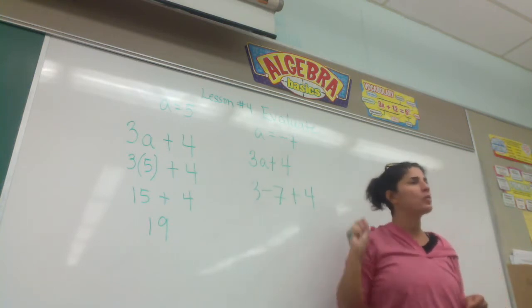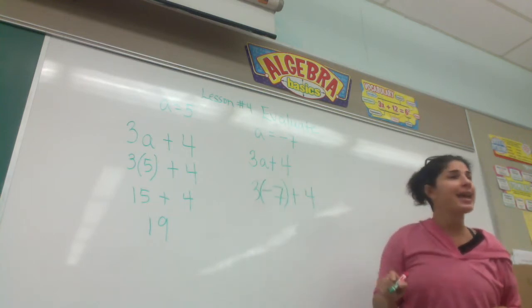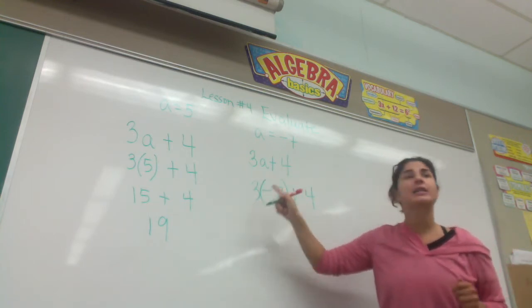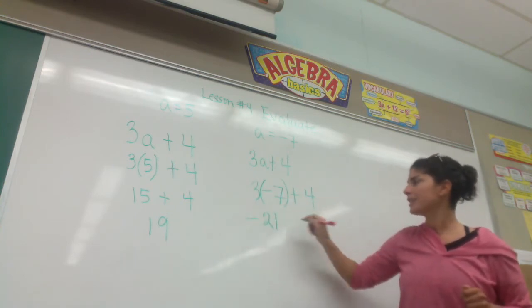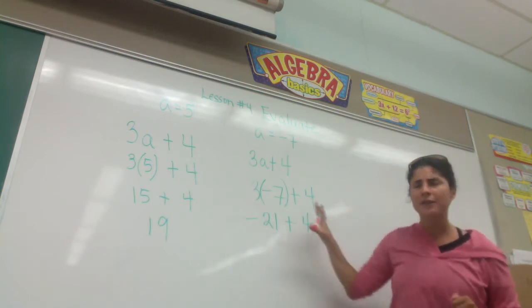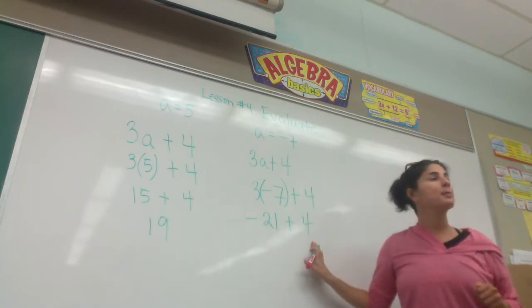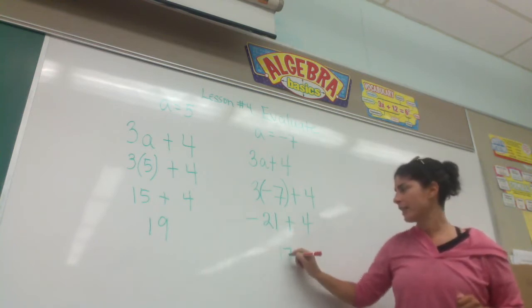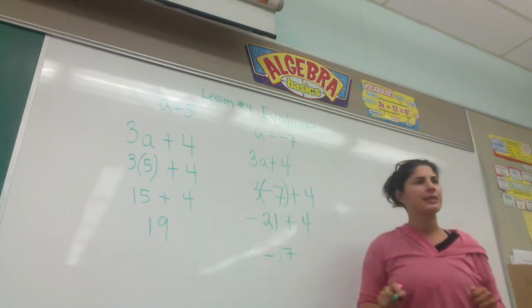So you would get it wrong if you don't put your brackets to say, hey, this means 3 times -7 is -21 plus 4, and now we're back to our beautiful integers that we love so much. They're different. Subtract 17. The winner is -17.